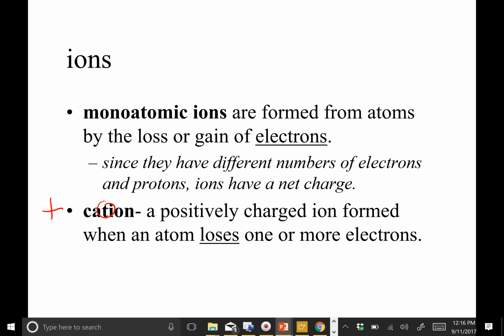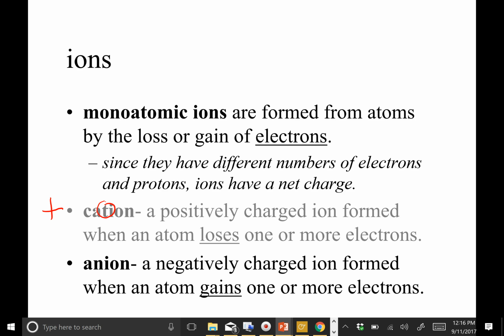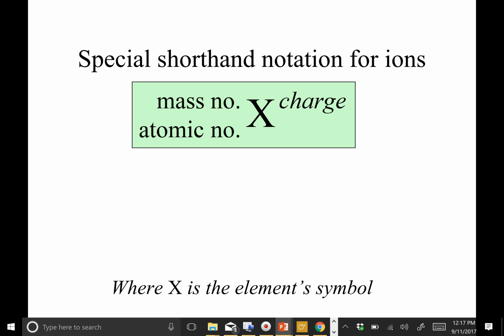That's exactly what they do. Then the other option we have is where something picks up electrons. So anions, not to be confused with cations, are negatively charged. And again, how can they become negatively charged with regard to electrons? They must be gaining electrons. Okay, 1 or 2 or 3 or 4.